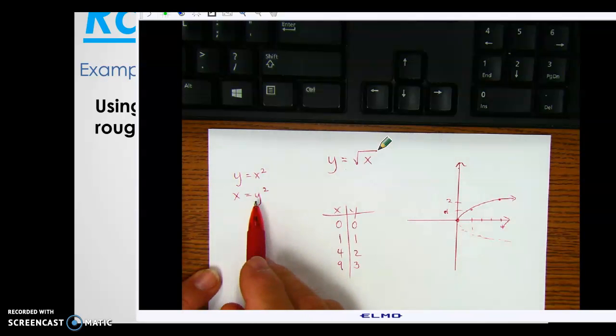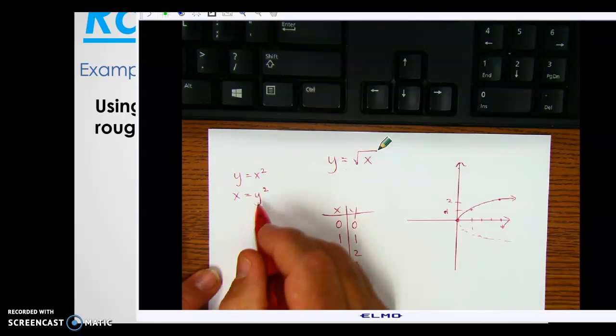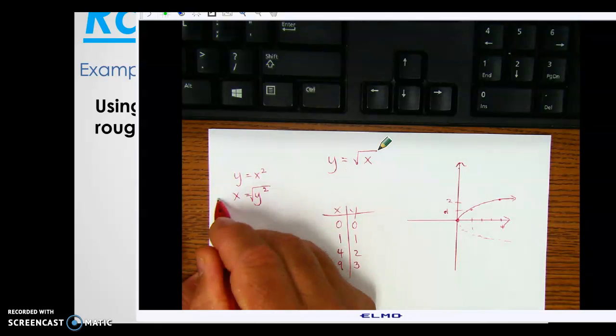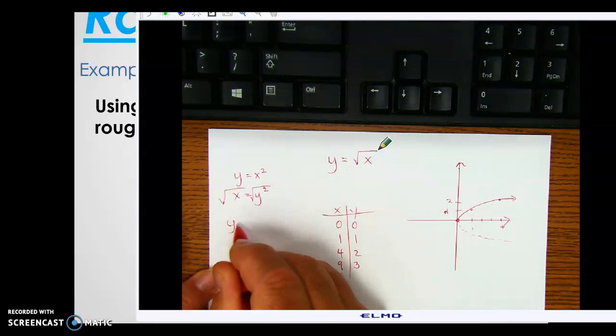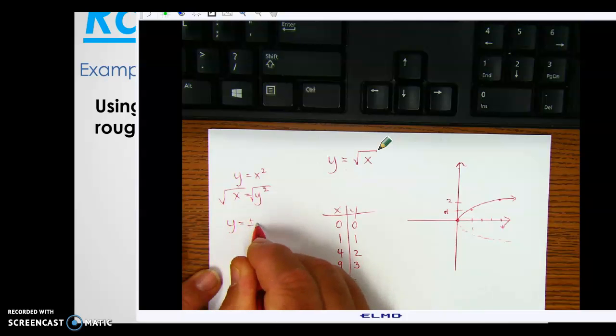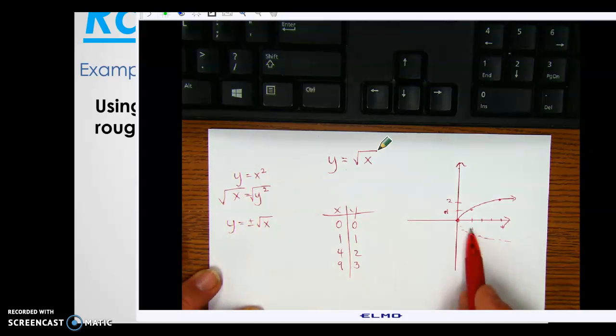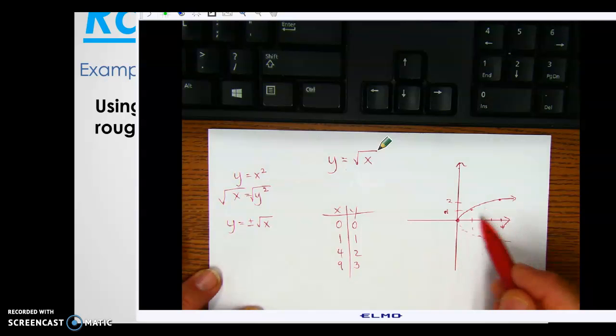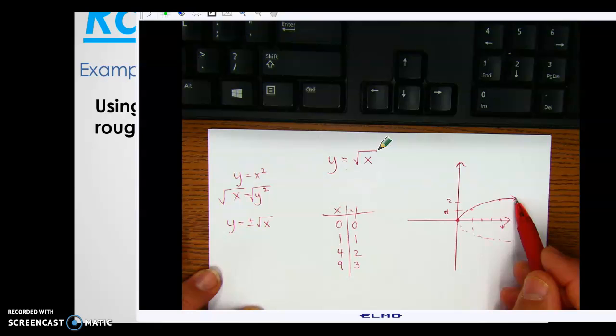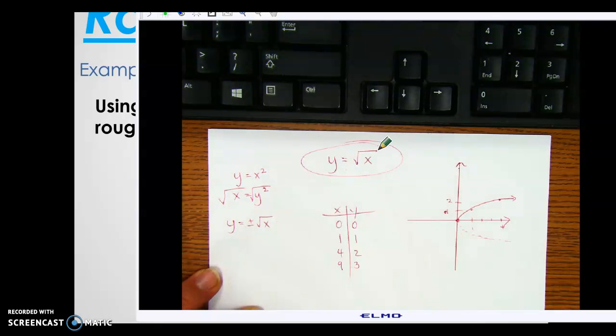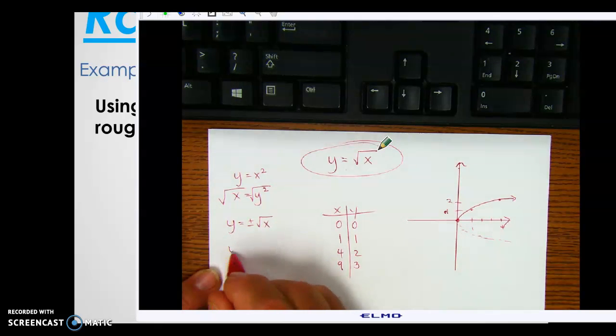We did inverses a while back. And then if you solve this by taking the square root, you get y equals plus or minus the square root of x. Well, this down here is y equals negative square root of x, but this part up here is y equals positive square root of x, which is what we're graphing right here. Y equals the positive square root of x.